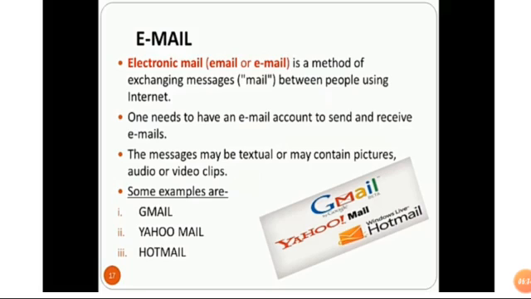Email is very fast and it takes only few seconds to reach its destination. But suppose if we need to send a message to many people living in different countries, cities, email is very helpful. For this we need to have an email account, both sender, receiver.